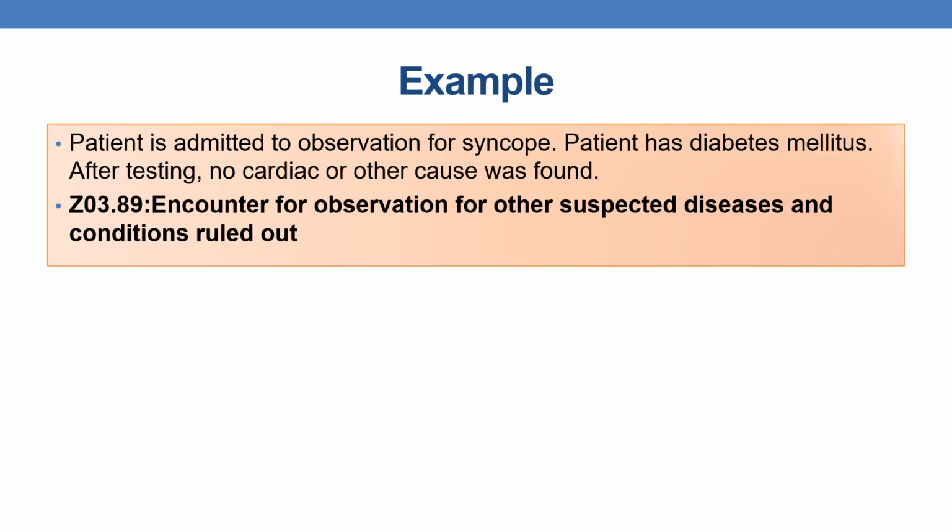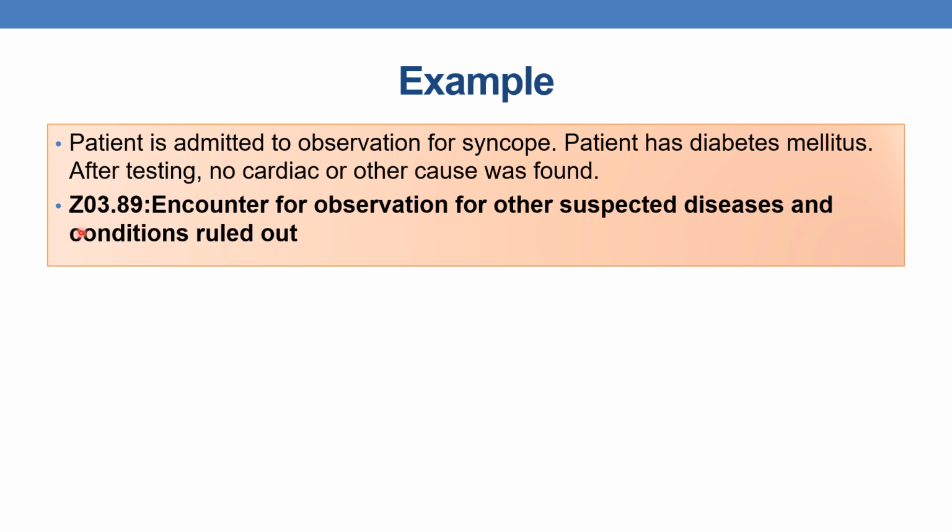Next example, patient is admitted to observation for syncope and the patient has diabetes mellitus. After testing, no cardiac or other cause was found. Patient has DM, but the syncope is not related to diabetes mellitus, and he is admitted for observation for syncope.